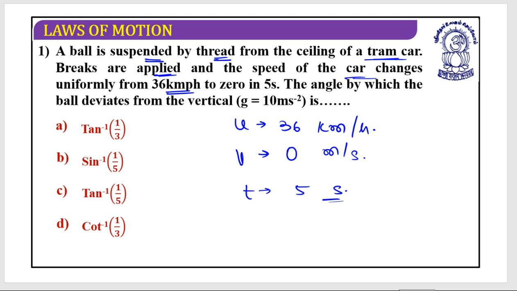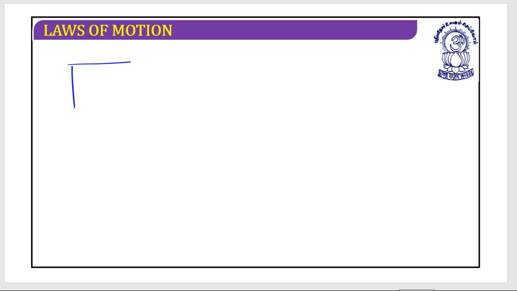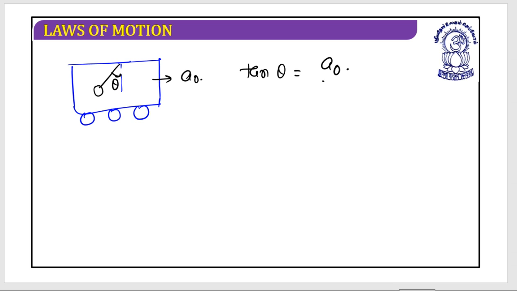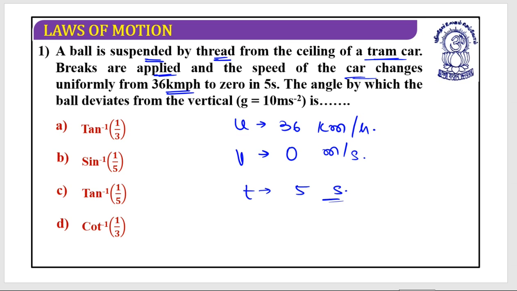Okay, this is required. So we understand that this might be the situation. This was the tram car, and here the pendulum may be there, and this is the angle theta which it is deviated, and it must be moving in this direction. So what I can have is tan theta, which could be written as a naught by g. This a naught can be represented as delta v by delta t, and delta v is 36 km per hour.